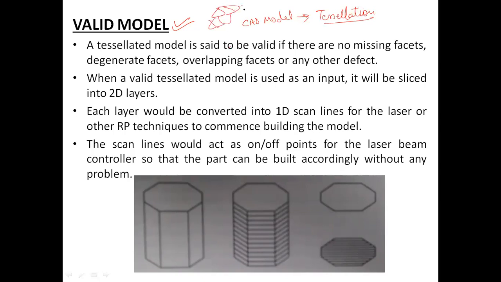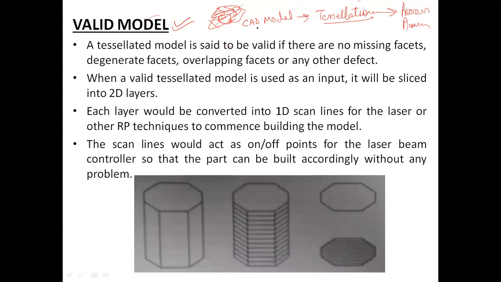So when you break it into smaller surfaces, all this information has to be stored and transferred to the next step, which is the process planning, that is layering, then orientation, and then other process planning that is basically needed. So the laser scanning part.